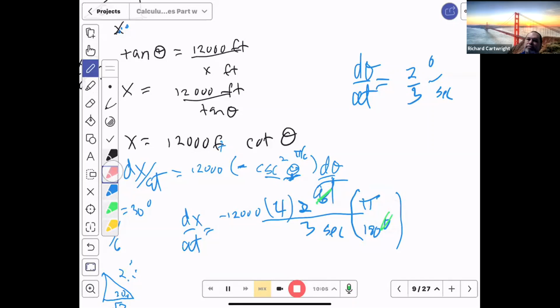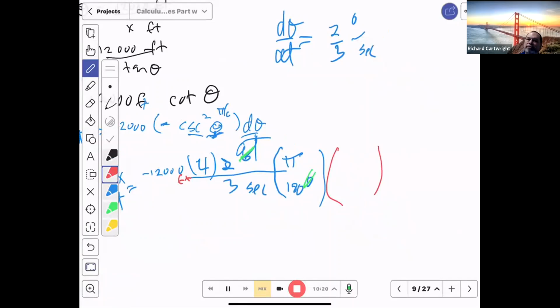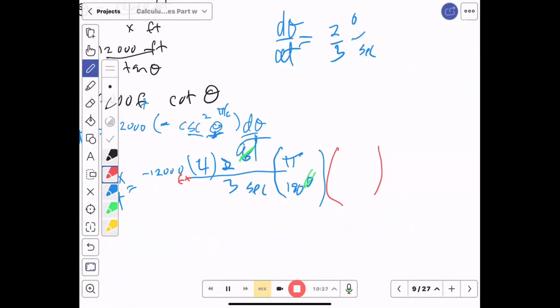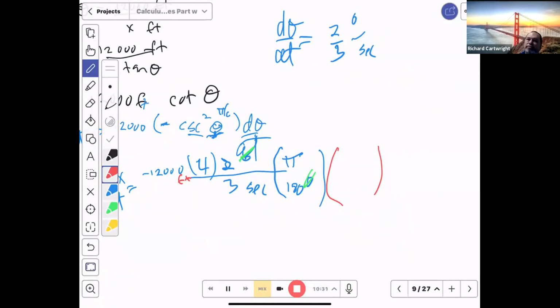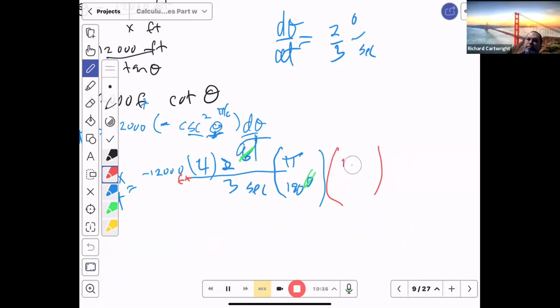Now I have to get rid of this 12,000 feet. How many feet are in a mile? 5,280.